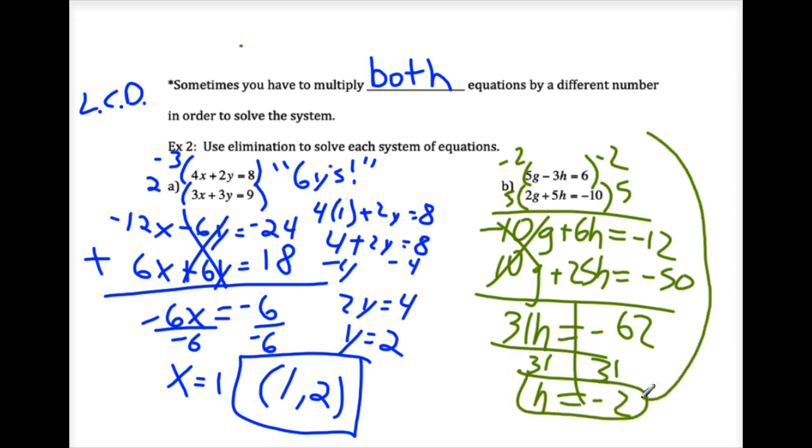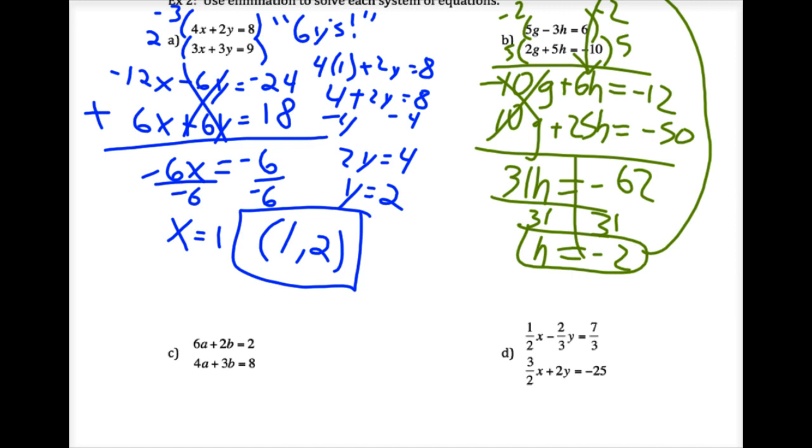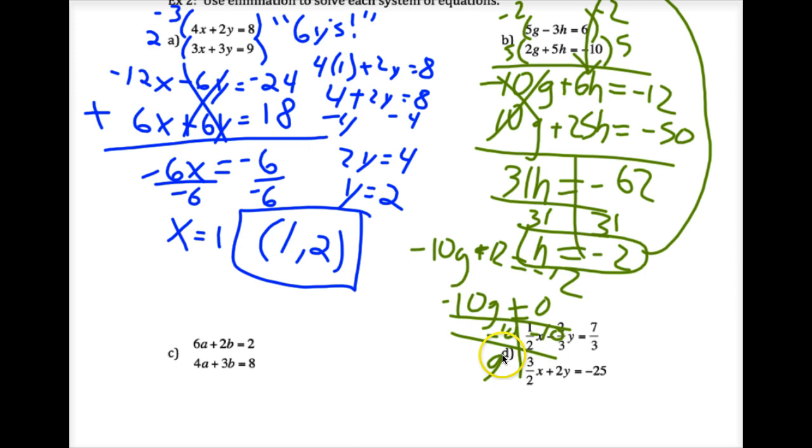Plug H in for your H over here, and you'll get -10G plus -12 equals -12. Then negative 10G equals 0, divided by negative 10, G equals 0. So your point is 0, comma, negative 2.